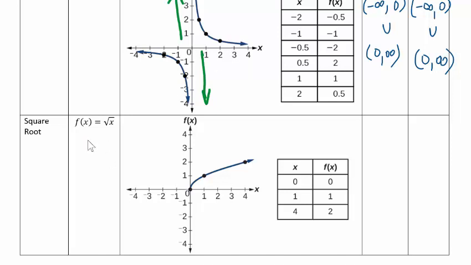Therefore, only values of x that create a real number output are going to be in the domain. And so if you look at the graph, we can look from left to right to say that the domain is from 0 to infinity. And then the range, look down to up, and the range is also from 0 to infinity.